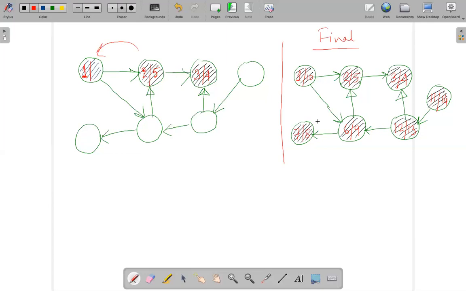So in this way, we will complete the exploration of the whole graph. So your final DFS tree would look like, if you now look at your pie, then you will easily get the final DFS tree.